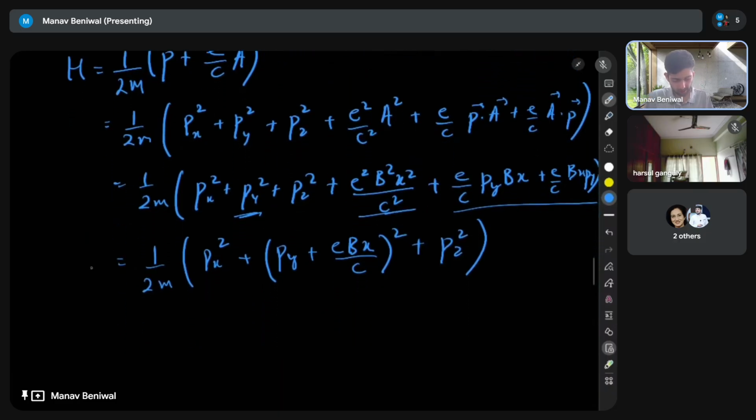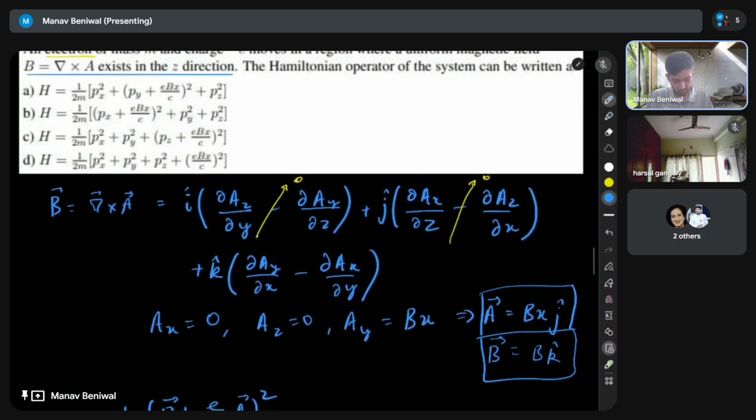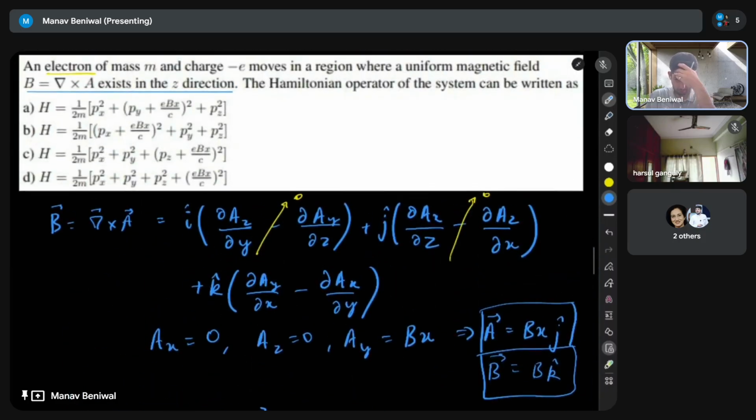Okay, so this is the form of our Hamiltonian. If we look at our options, it matches with option A. So we have px squared and pz squared separately, and then we have this py plus eBx by c.